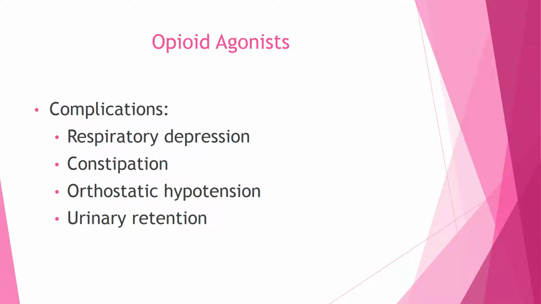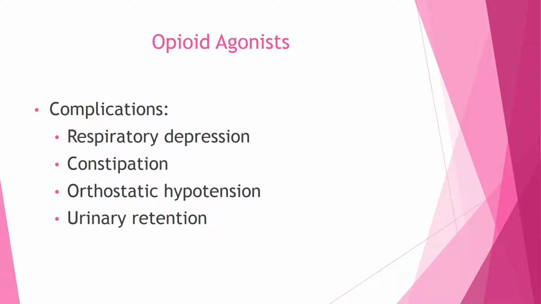Constipation: you need to give them a stimulant laxative, like bisacodyl, to help keep them from becoming constipated, or a stool softener, such as docusate sodium, which is your Colace.